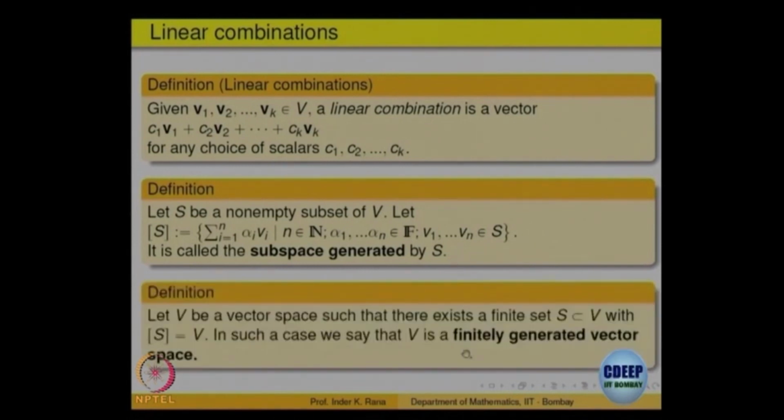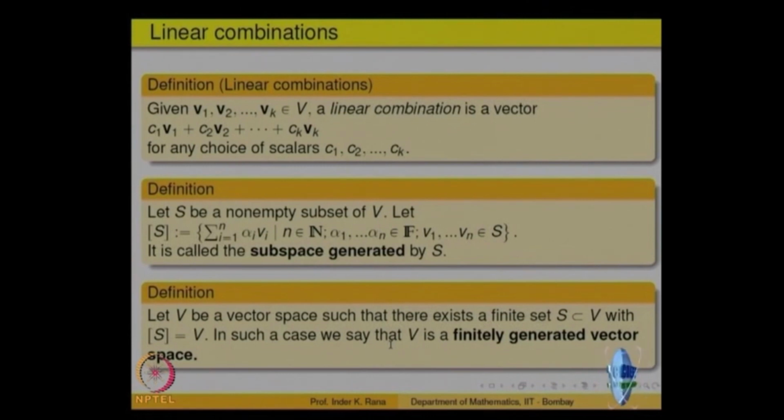So, if S itself is a finite set, say that the space generated by S is V, we say it is a finitely generated vector space. If V is a vector space and we have a finite subset of it such that linear combinations of elements of that finite set give me everything in V, every vector in V can be obtained as a linear combination of elements of that set S, and S is finite, we say our vector space V is finitely generated.